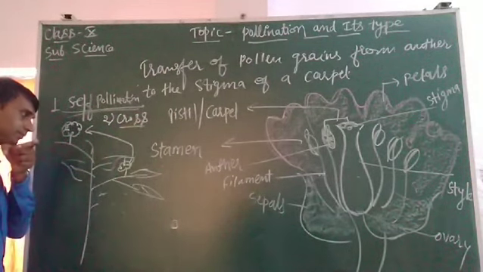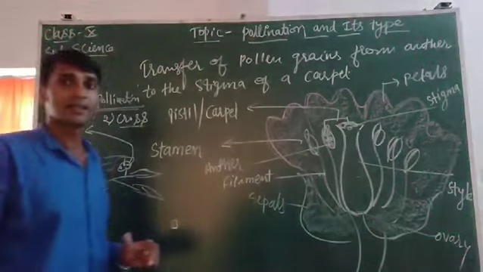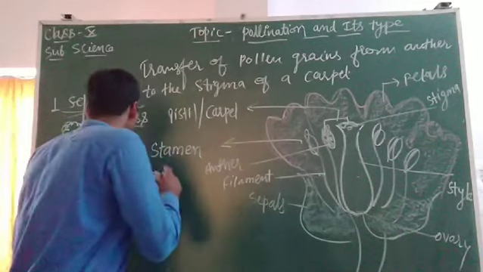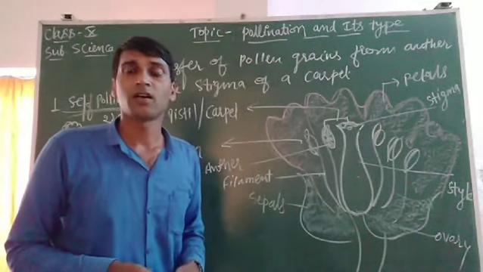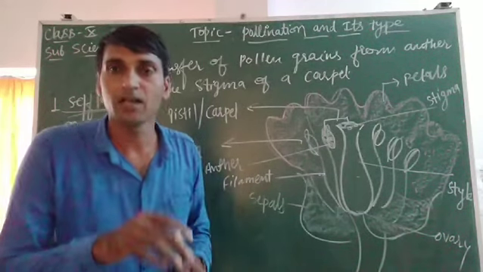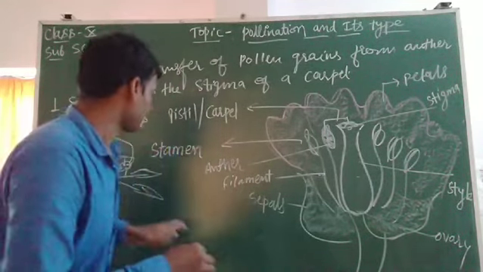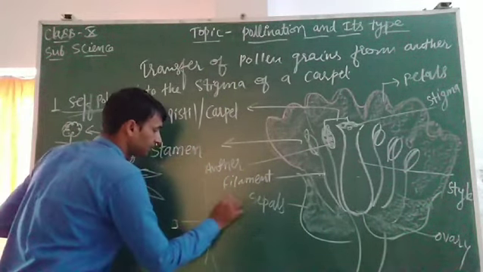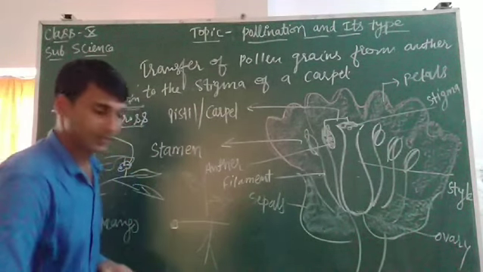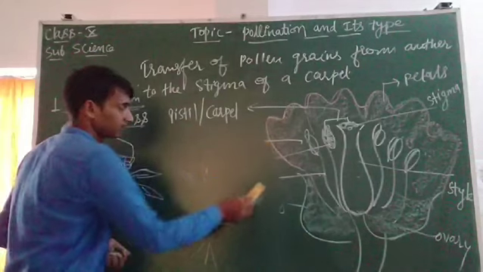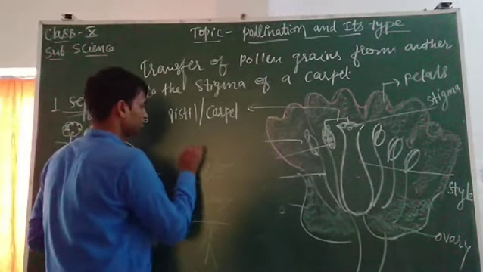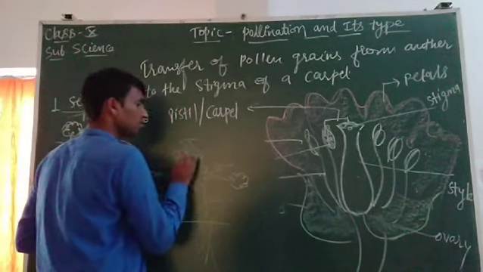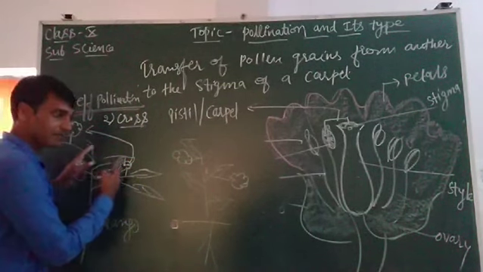And the second one is cross pollination. Cross pollination means transfer of pollen grains from the anther to the stigma of a carpel of a different plant of the same species. For example, this is a mango species, and we have one more. Here is a flower and one more flower here. The same mango species.